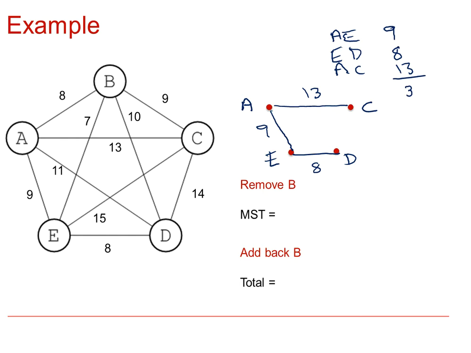These total 30, and so now I need to think about adding back in B. I'm going to choose the two smallest arcs to add B back in, and that will be the 8 leading to A and the 7 leading to E. So if I add that 8 and the 7 to the 30, I would get a potential lower bound of 45.